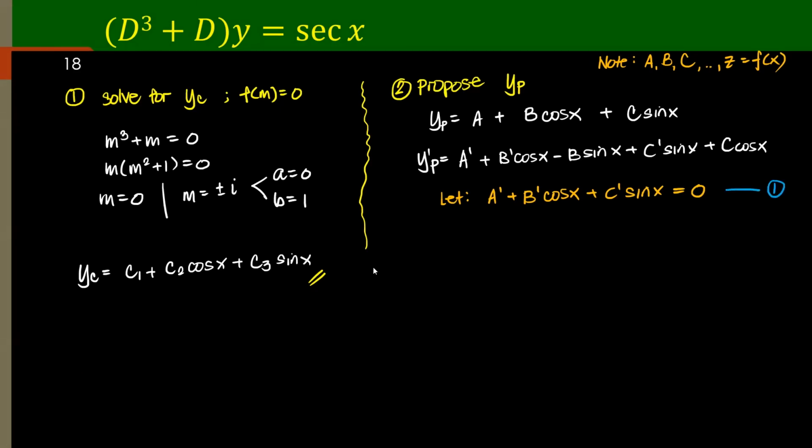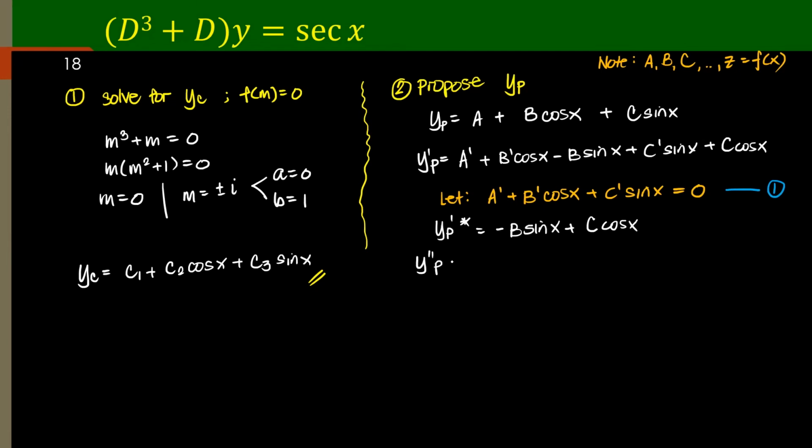So, I can see that this one, the new y prime, let's just put an asterisk, is negative b sine of x plus c cosine of x. And then we need the double prime because in the question, it's the third derivative.